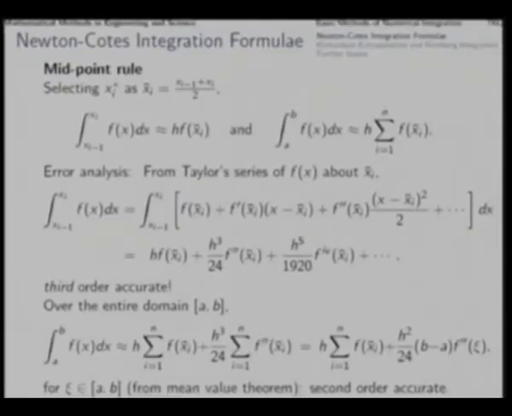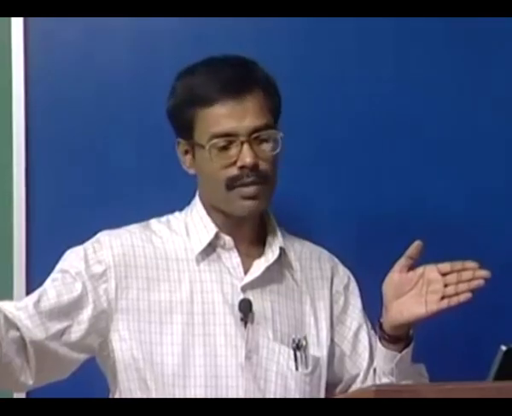If that value is this xi, then the sum of the second derivatives over all the intervals is n times the second derivative value at that point, whatever may be that point. So, take that n from here and combine it with one h. So, n h is the size of the interval, n subintervals of h size, so n h is the size of the complete domain, which is b minus a.